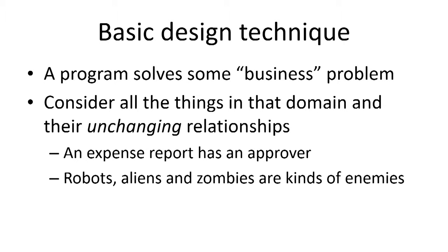So figure out what all of the things are in that domain and what all of the unchanging relationships are between them. And this is kind of a key point: those relationships have to be unchanging, because in object-oriented design, we often end up making choices that assume that one set of relationships are not going to change. Encoding something like tax policy into an object-oriented system is maybe not a good idea, because tax policies change.